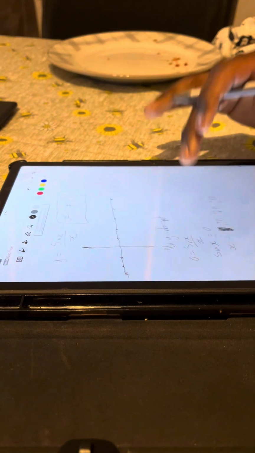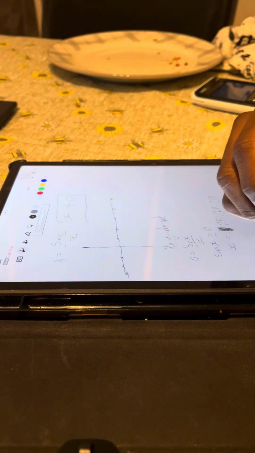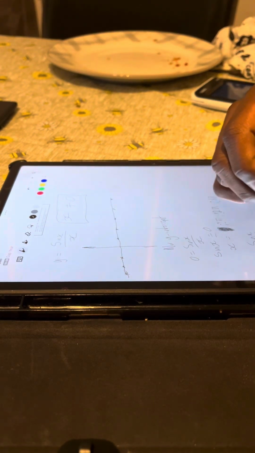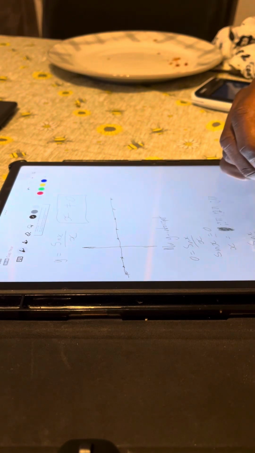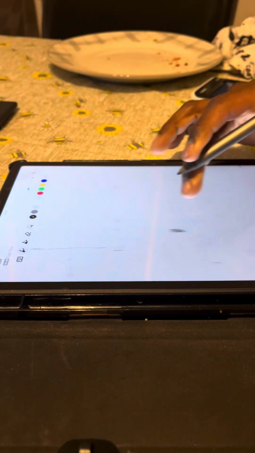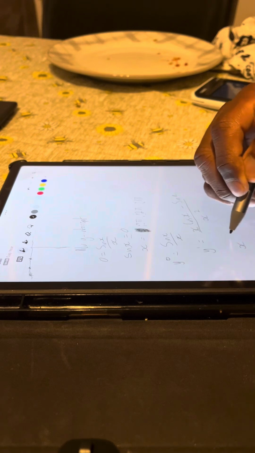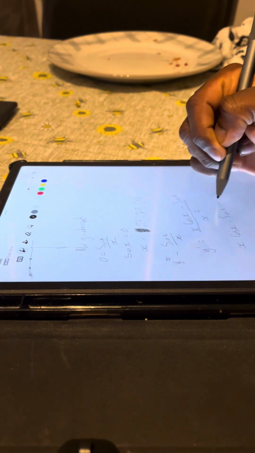Then what else? Okay, we can try to find any turning points. Since y equals sine x over x, the derivative would be x squared over, then x cos x minus sine x. So for turning points, that would have to equal 0, so that's x cos x minus sine x equals 0.